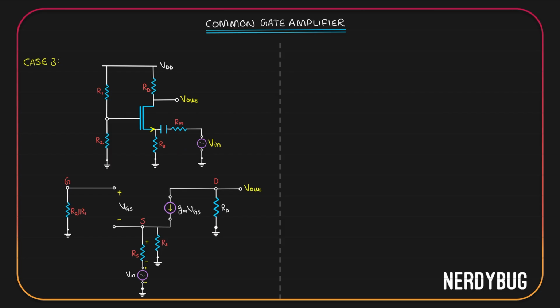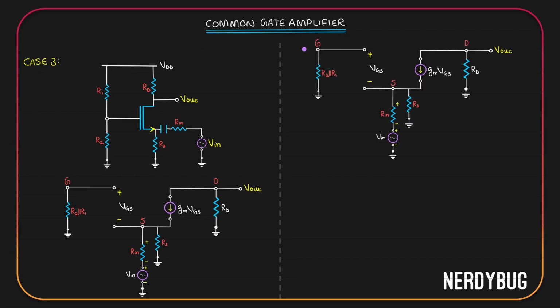Before we do further analysis, let us simplify this small signal model. For that, I will take the small signal model and remove R3 for now. We have R2 parallel to R1 at the gate. But you can see that the circuit is open over here, which means no current is going to flow through R2 parallel to R1, which means there is no potential drop across R2 parallel to R1.